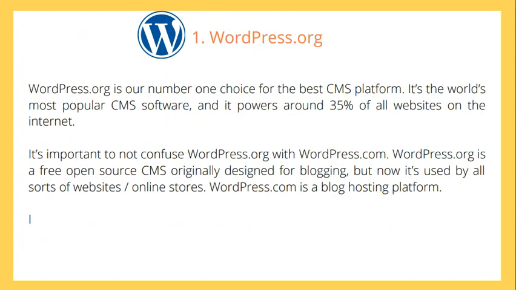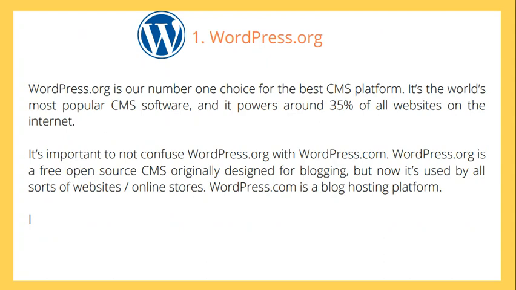First, we have WordPress. So, WordPress is the number one choice for the best CMS platform. It's the world's most popular CMS software, and it powers around 35% of all websites on the internet.